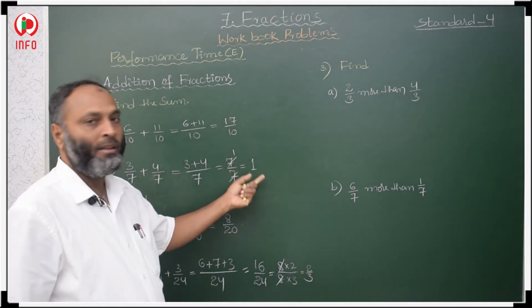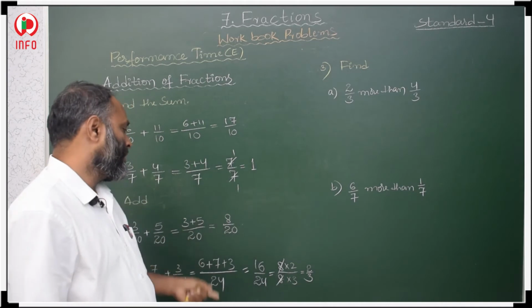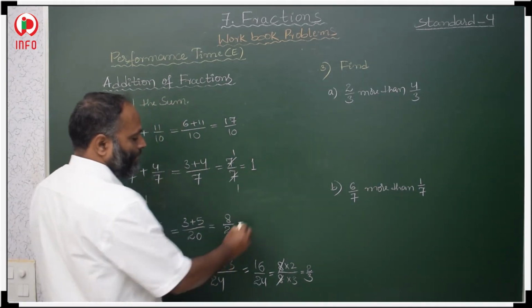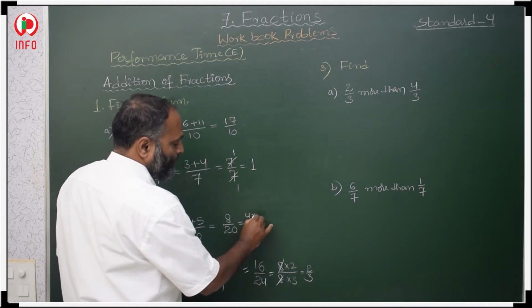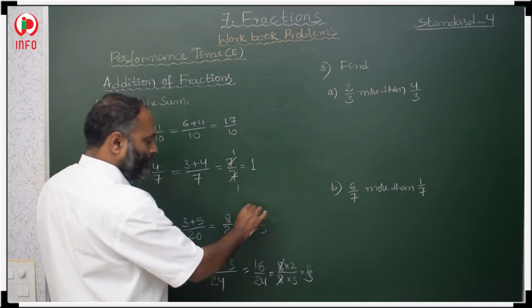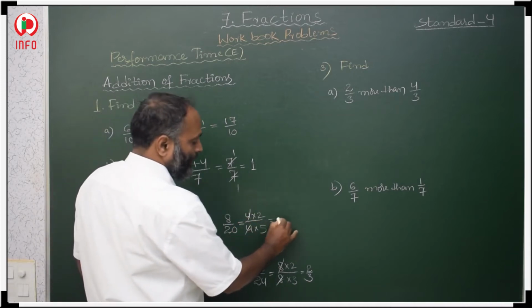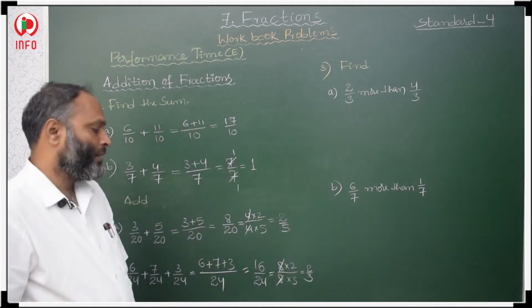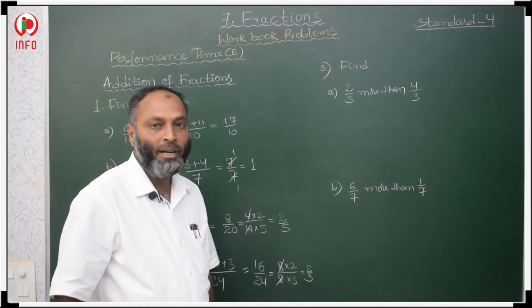Here, simplified is equal to a whole, that is 1. Here also, if you want to simplify, then simplify it. 4 2s are 8, 4 5s are 20. The same 4 and 4 get cancelled, then 2 by 5. This is the simplified form. This is 2 by 3, the simplified form. Okay.